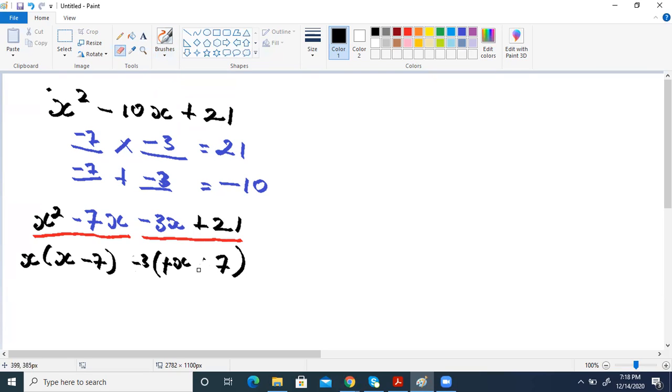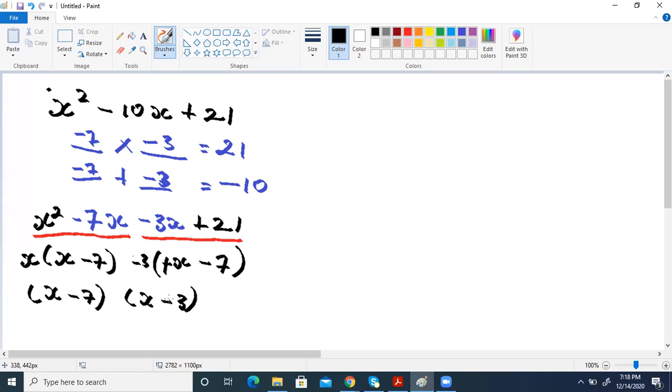So always bear that in mind: while positive 3 can be used, both brackets need to have exactly the same signs. So this is minus 7. And then we go ahead and factorize. We have x minus 7 in one bracket, and the next bracket is x minus 3.